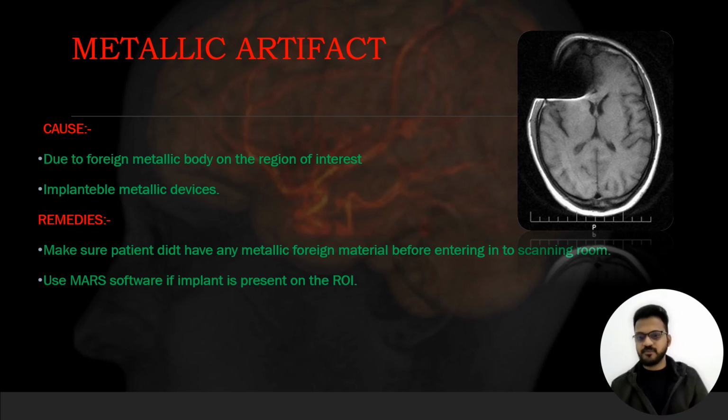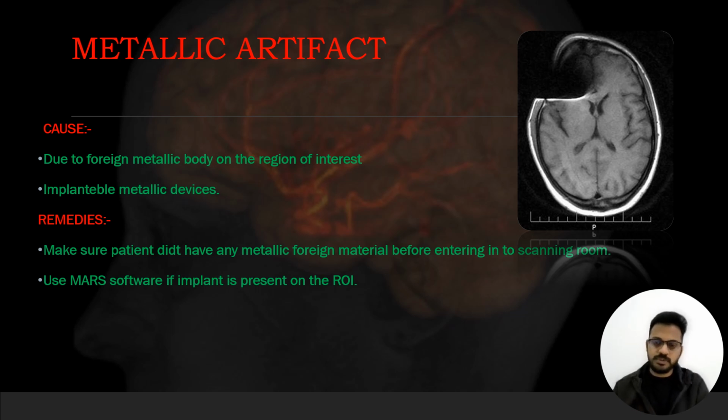Next, we are going to discuss the metallic artifact. This may be due to foreign bodies or foreign material on the patient, like hair clips or slides, or any ornaments the patient wore, or any dressing that has metallic contents. It may cause this artifact. So before taking the patient into the MR room, ensure there is no metallic object on the patient's body.